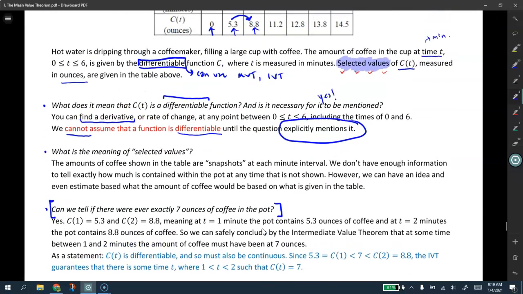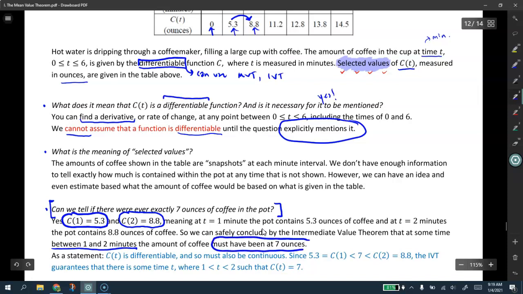Well, we're going to use the IVT in a moment, but first let's understand the structure, right? We know that at 1, the amount of coffee was 5.3 ounces. At time equal to 2 minutes, the amount of coffee was 8.8 ounces. So what that means is definitely between those 2 times, there must have been coffee that was 7 ounces.